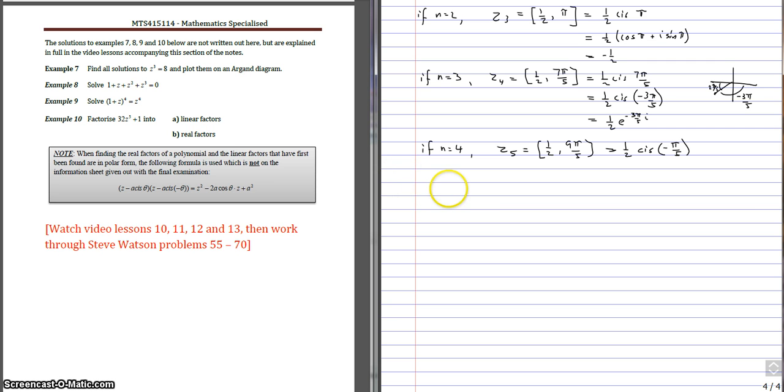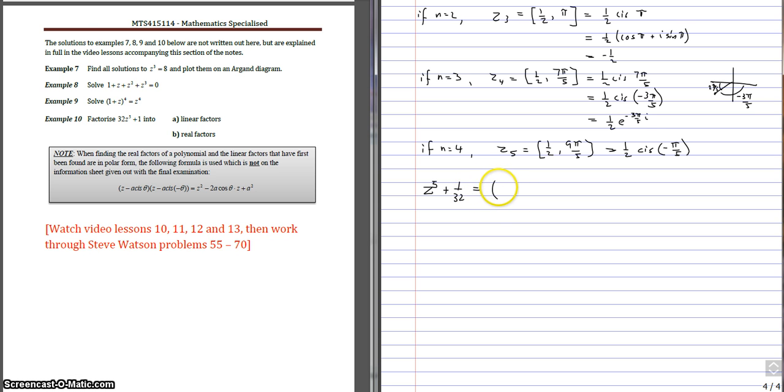But what we've got is that we've actually got z to the power of 5 plus 1 over 32. Okay, that's what we're looking to factorise. So we can use that.